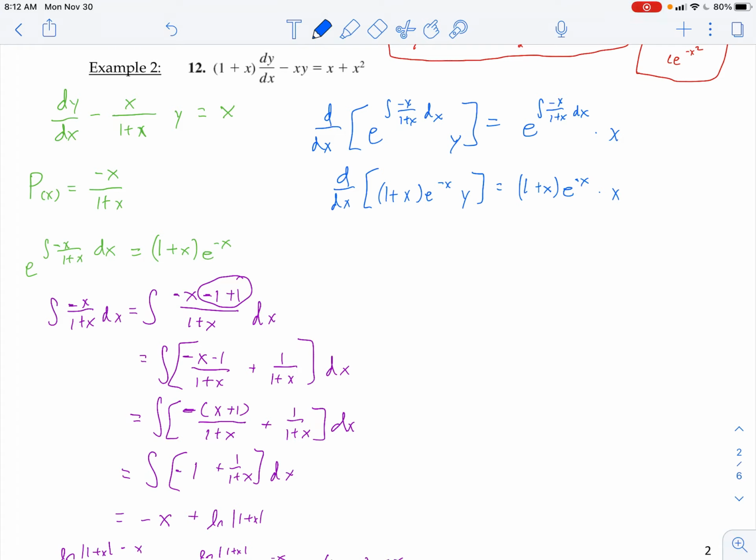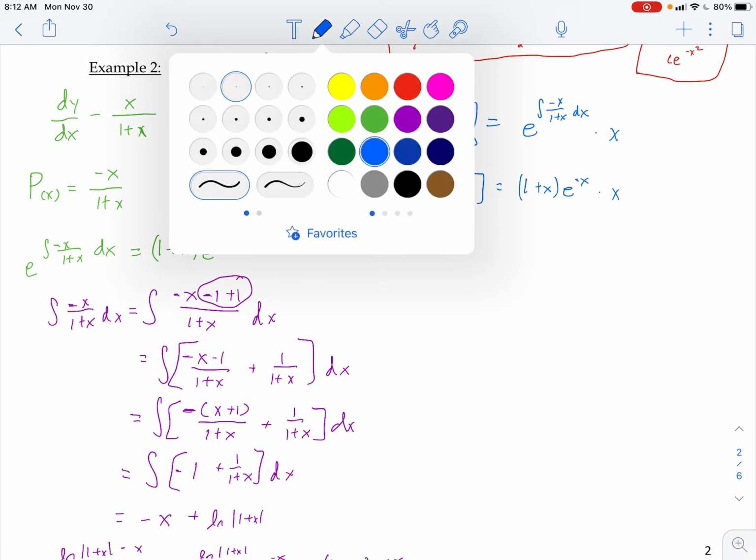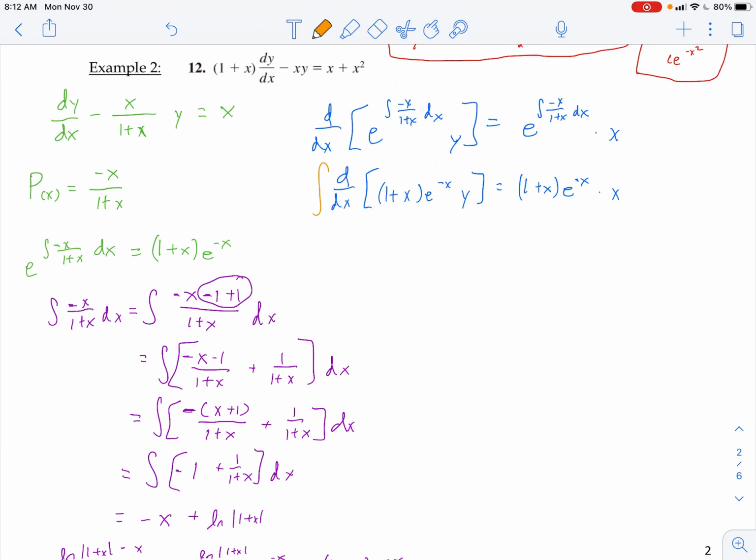All right, so let's go ahead. We've got to integrate both sides. Let me try to use the color I haven't used. So I'm going to integrate the left, and I'm going to integrate the right, dx. The left-hand side is just going to be 1 plus x times e to the negative x.